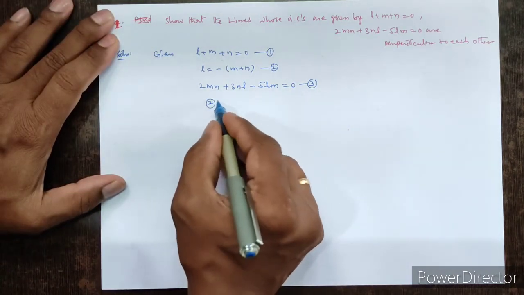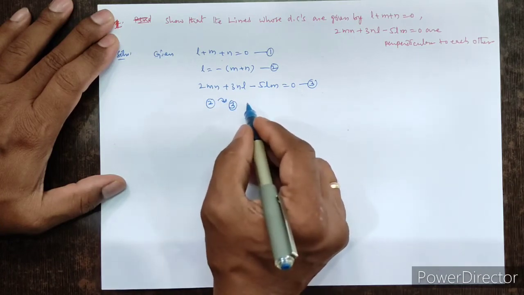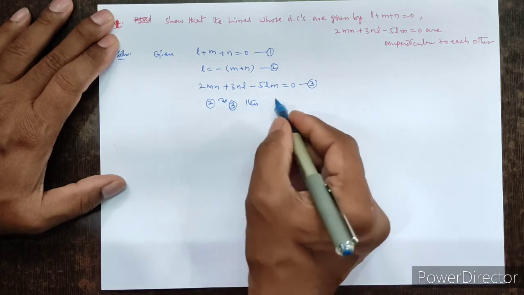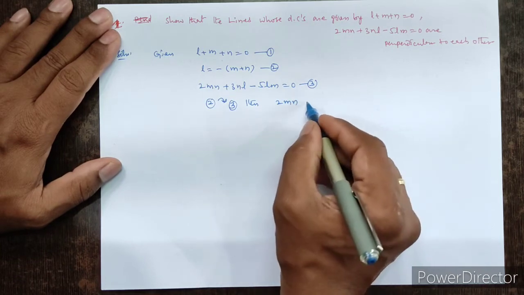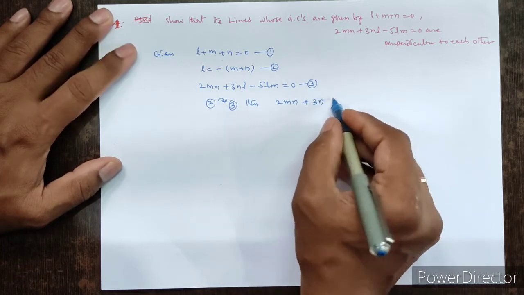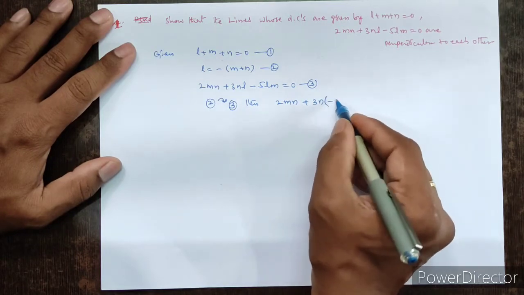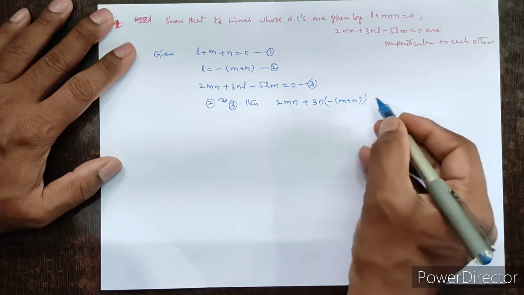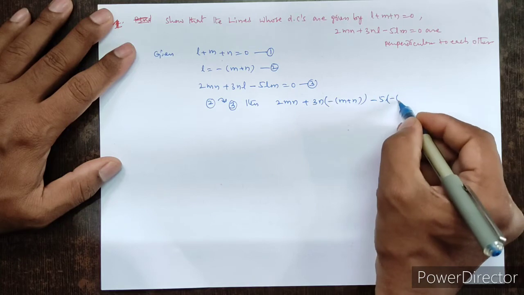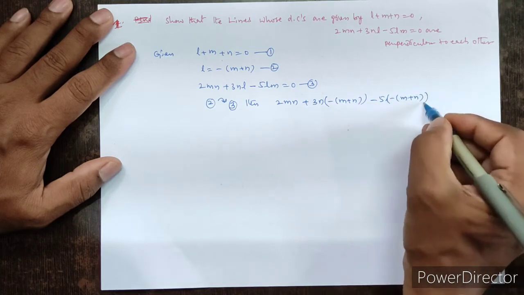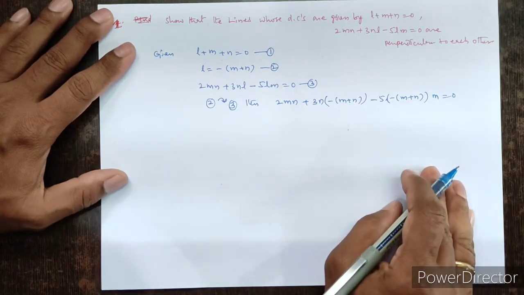So 2 substituted in 3, then 3 becomes 2mn plus 3n of l, l is nothing but minus of (m plus n), minus 5 l, l is nothing but minus of (m plus n), into m equal to 0.